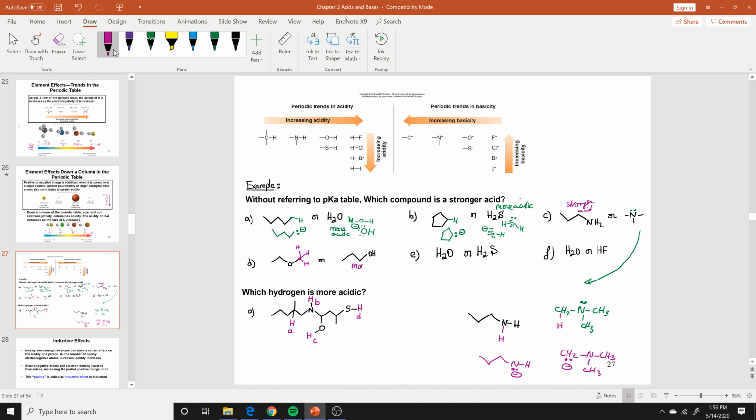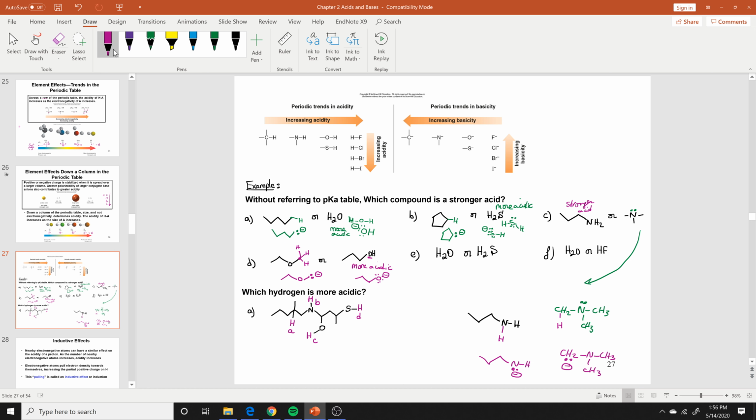So this is going to be more acidic because the oxygen is more electronegative than the carbon. Or you can do as we did over here, change this into a conjugate base. This is my conjugate base. Change this into a conjugate base. This is my conjugate base. And the conjugate base here is more stable because the negative charge is on the electronegative element. It makes its acid more acidic.